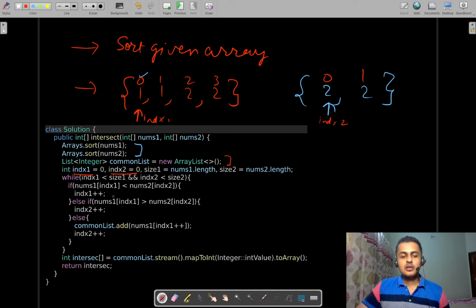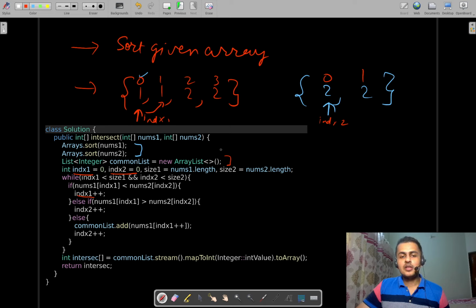And then if the number pointed by the index 1 pointer in the first array is less than the number pointed by the second pointer in the second array, then in that case you will increment this pointer one position ahead. This is that case.